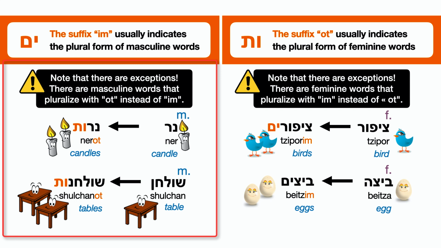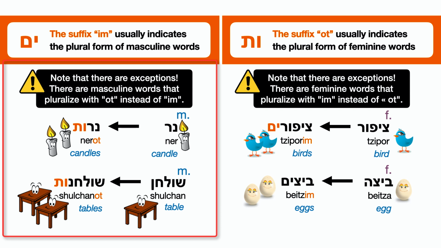If it followed the general rule, to make it plural, it would have been nerim, but that is not the case. Ner is one of those exceptions. Ner becomes plural by adding ot instead of im. So ner means candle, nerot means candles. See, it's not following the general rule of adding im.